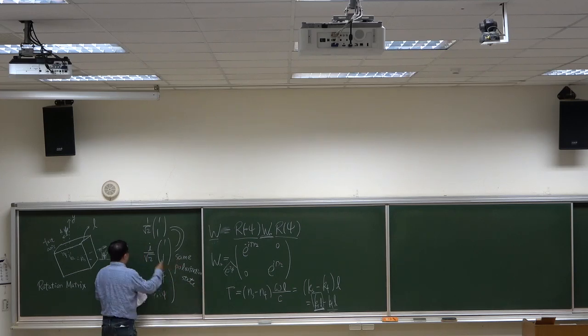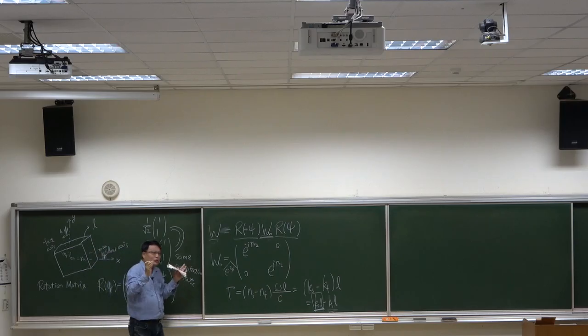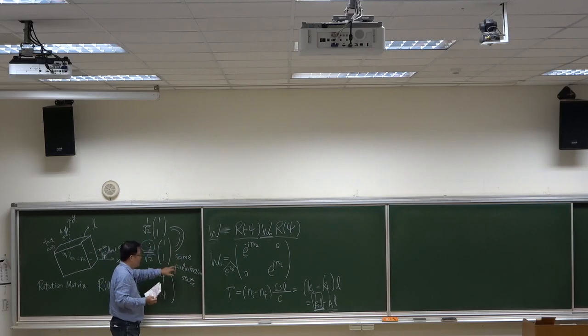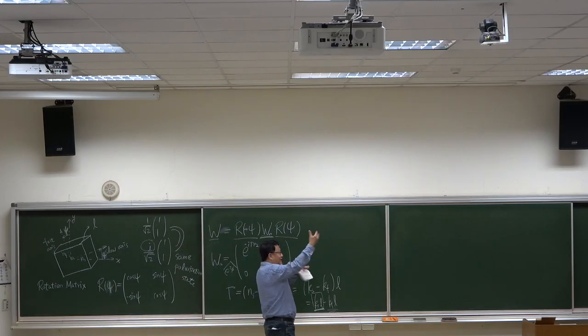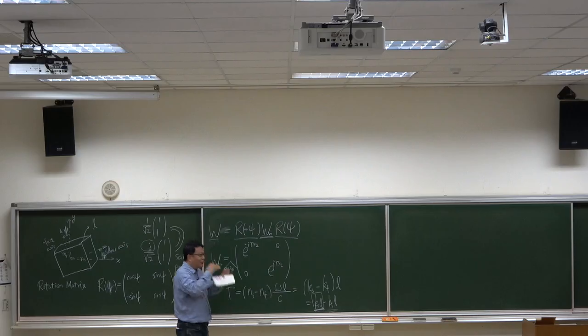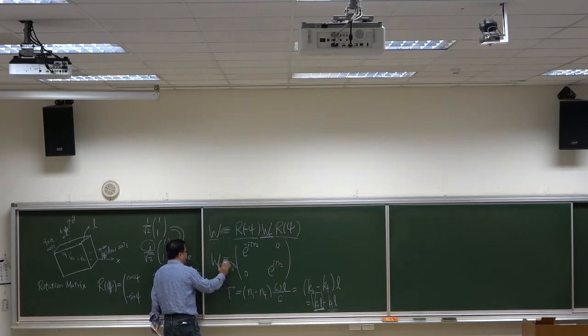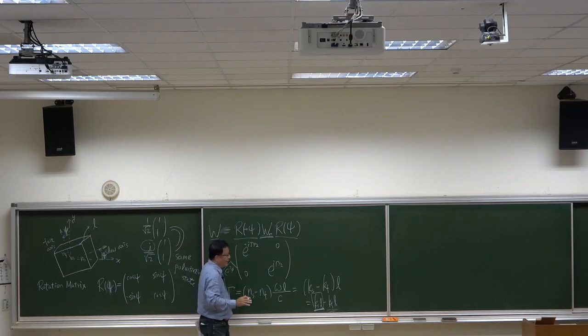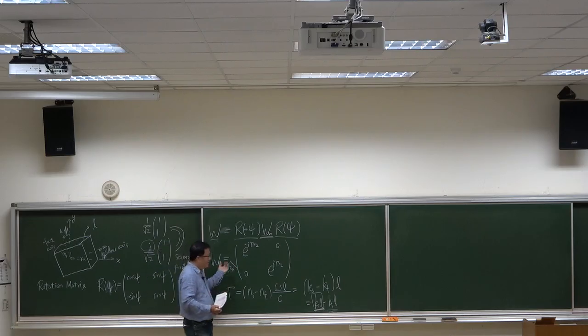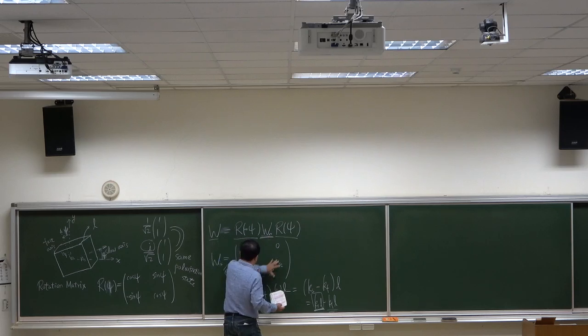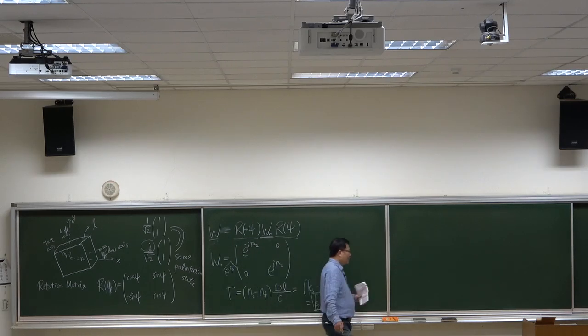This external overall phase has nothing to do with the definition of the polarization state. The overall phase factor is not important at all. That's why we can ignore this exponential i phi and just consider W0 as this diagonal matrix.